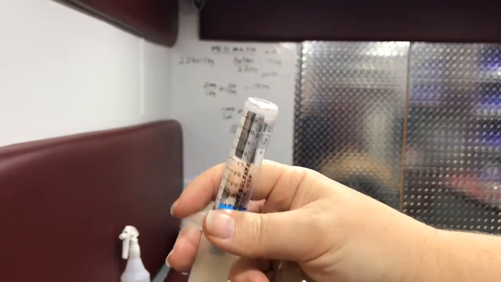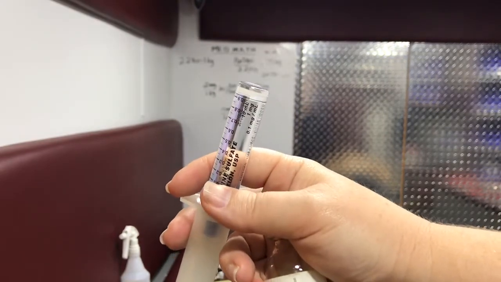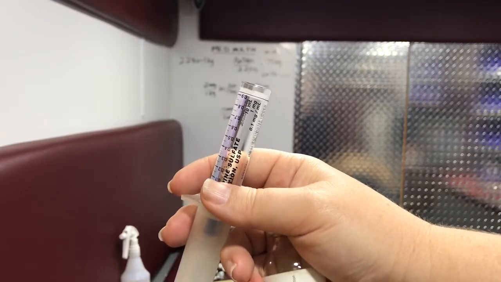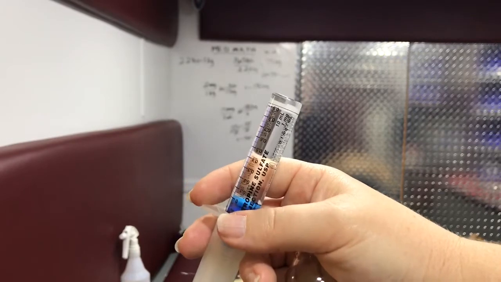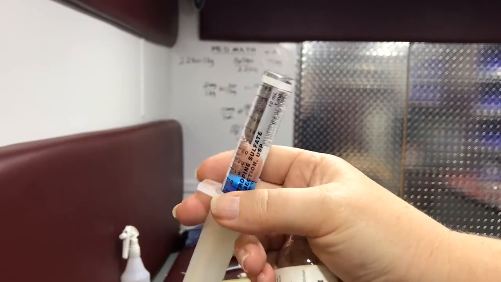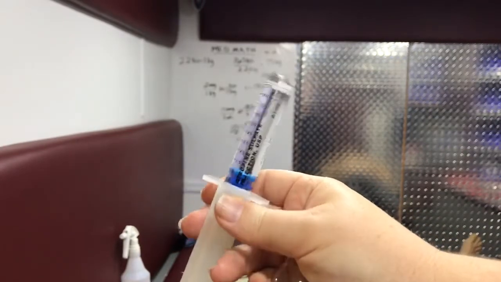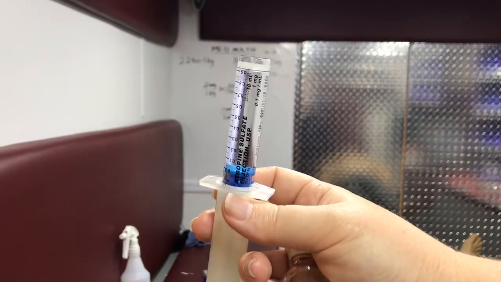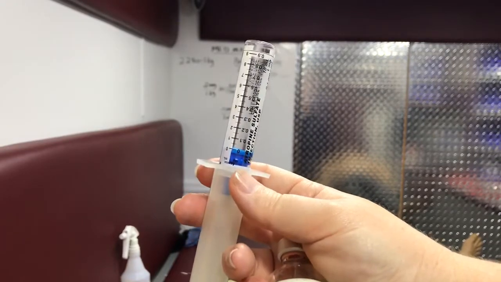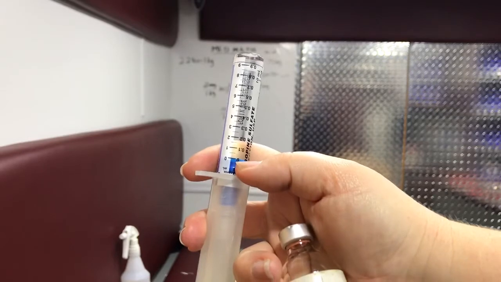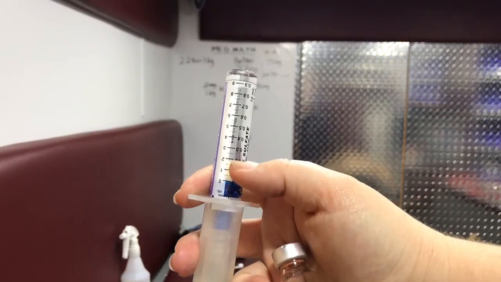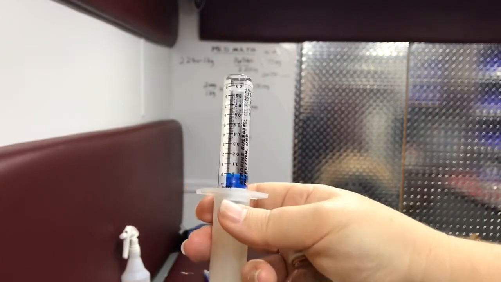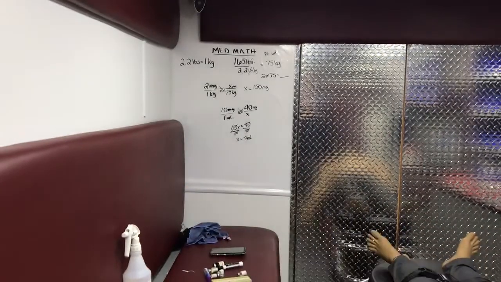Because we got a 10 cc syringe, 1 milligram total, which makes 0.1 milligram per ml. So if I only need to give 0.2 of atropine, that's going to be 2 milliliters. I'm only going to push enough fluid for this blue to be right here. So that's our atropine preloads.